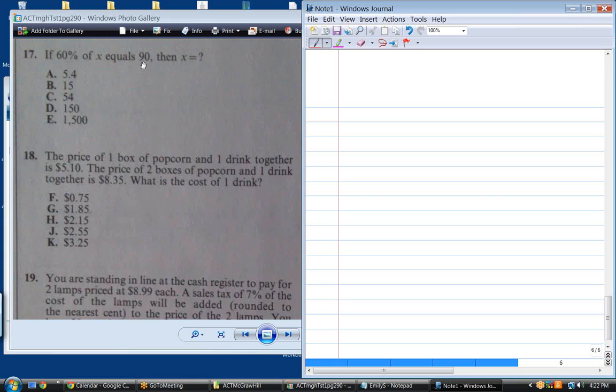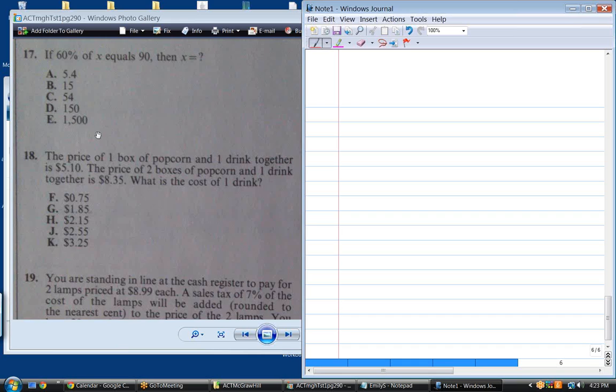Oh, excuse me, 60% of x. 60% of x is unknown, but 60% of 90 is 54. Well, hold on. Remember what we do when we back solve. We assume that these are x.